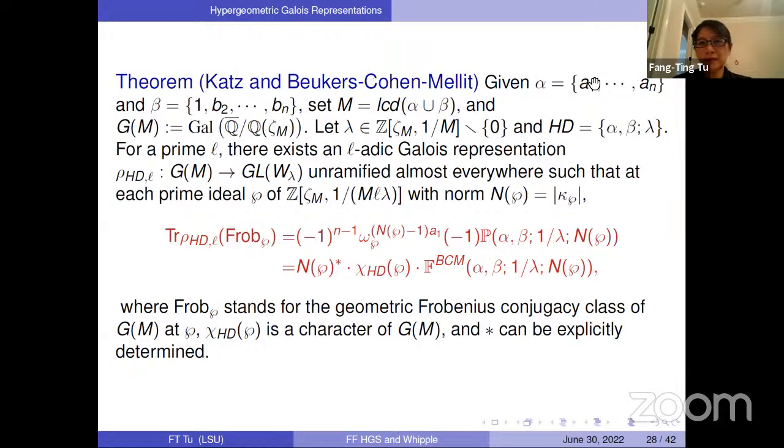If we have a multi-set alpha, beta, first we pick out the LCD of all the parameters, M, then we consider the absolute Galois group of the cyclotomic field. Now let lambda be a non-zero element in this ring. For this hypergeometric data, for a prime l, there is an l-adic Galois representation.